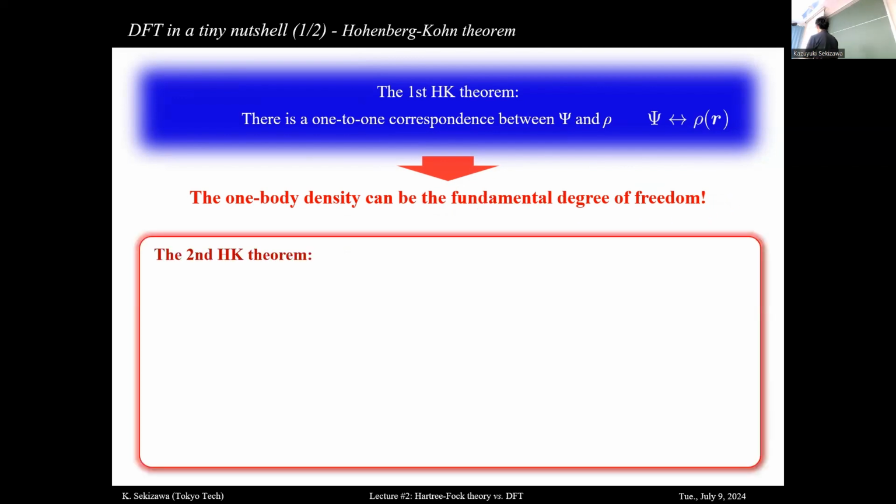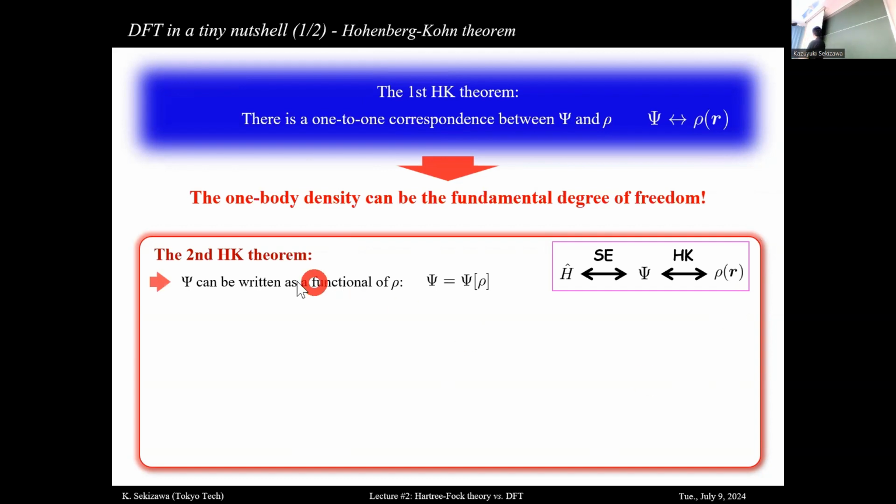That's the point. From this first Hohenberg-Kohn theorem, we can derive the so-called second Hohenberg-Kohn theorem that I already mentioned. In principle, by solving the many-body Schrödinger equation, H and psi are connected, right? And also using the Hohenberg-Kohn theorem, psi and the one-body density are connected to each other.